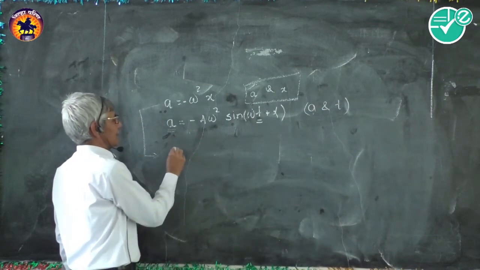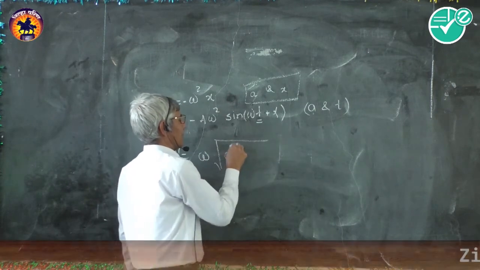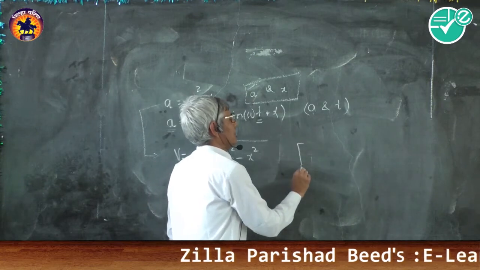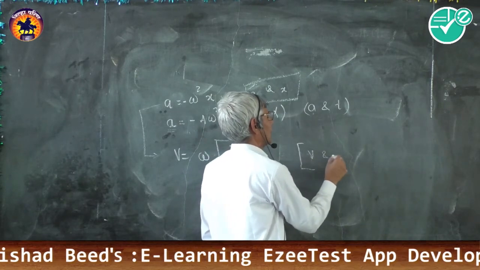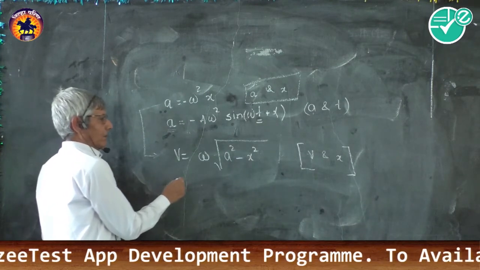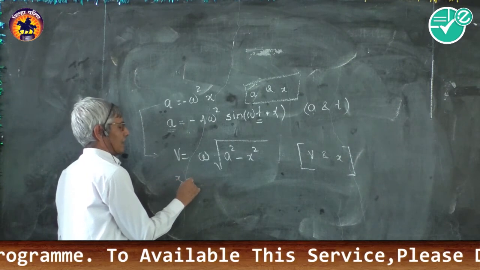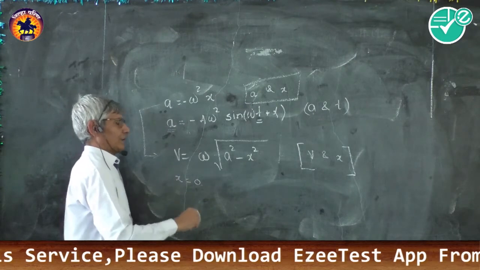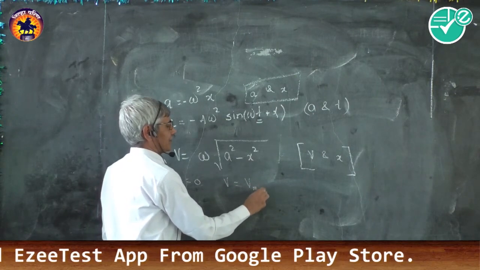Now we have another equation, v equal to omega root a square minus x square. This is the displacement dependent equation of the velocity, the equation between the velocity and displacement. If x is equal to 0, that is, the particle is at the mean position, then v will be equal to v maximum.